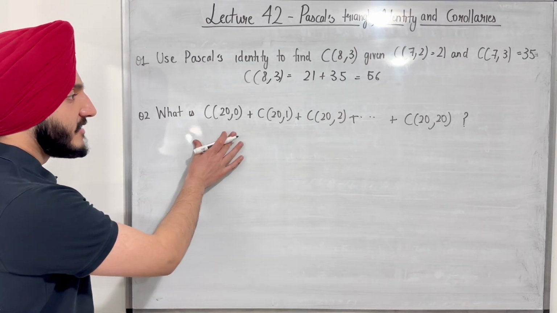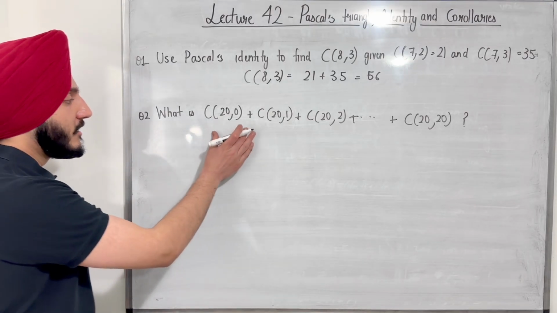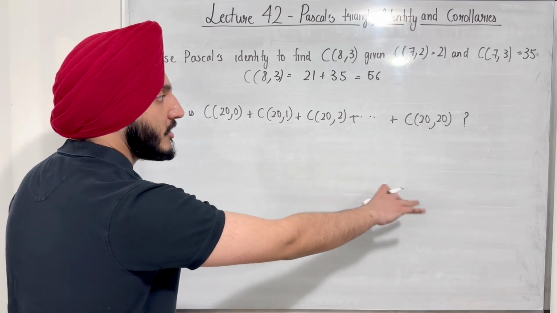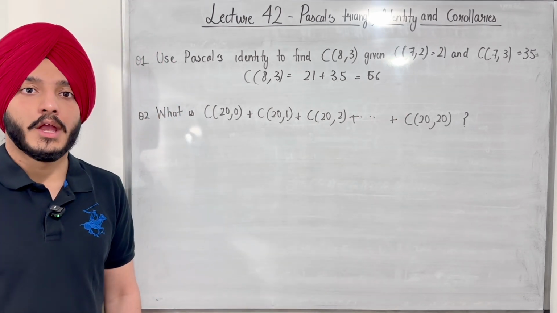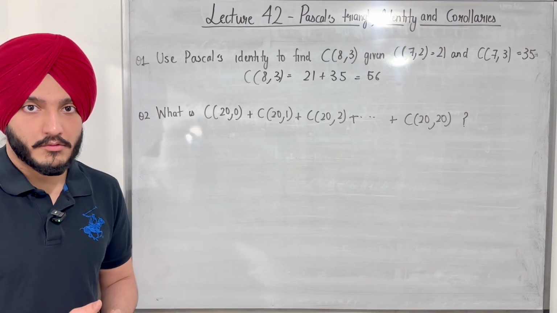Okay, now let's take a look at the second one. This is a bit tricky, I should say. So the idea is, what is C(20,0) plus C(20,1) plus C(20,2) all the way up to C(20,20)? Now this requires the use of corollary 1 that we covered.